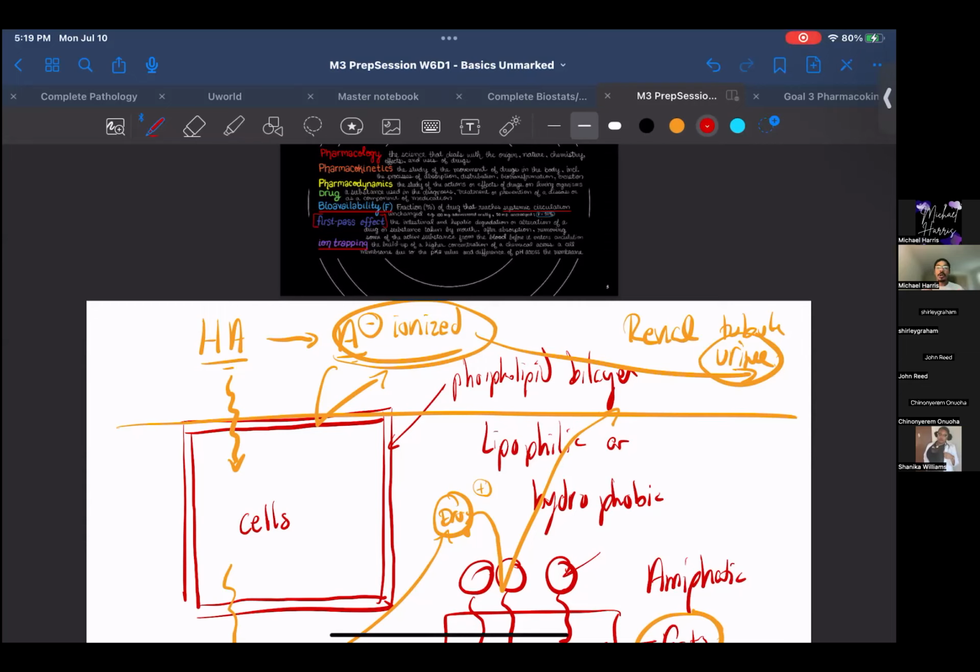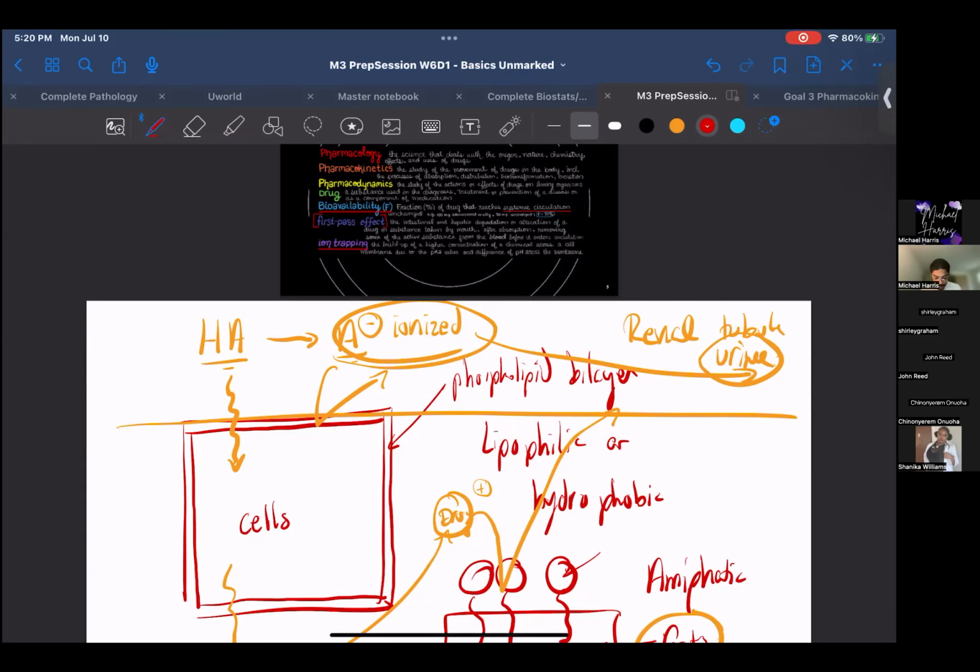And that's going to help you determine if you need to, A, give something acidic and acidify the urine, or B, give something basic to alkalinize the urine to make it more ionized. Because that's essentially what you're trying to do if you're excreting it. Now, if you wanted to absorb more, you would keep it in the non-ionized form.